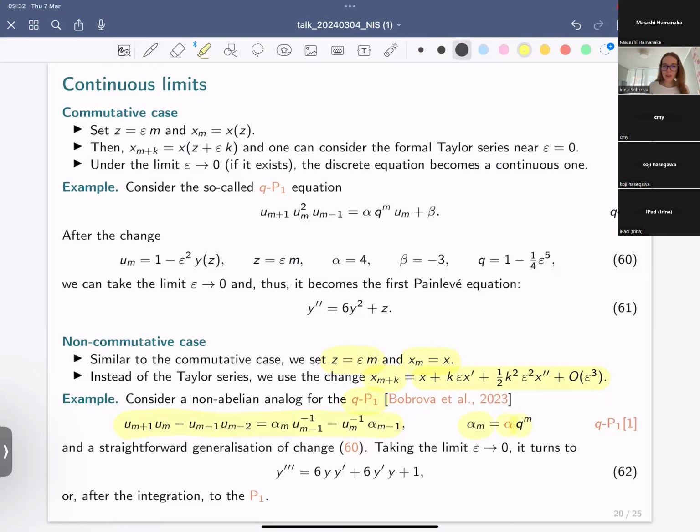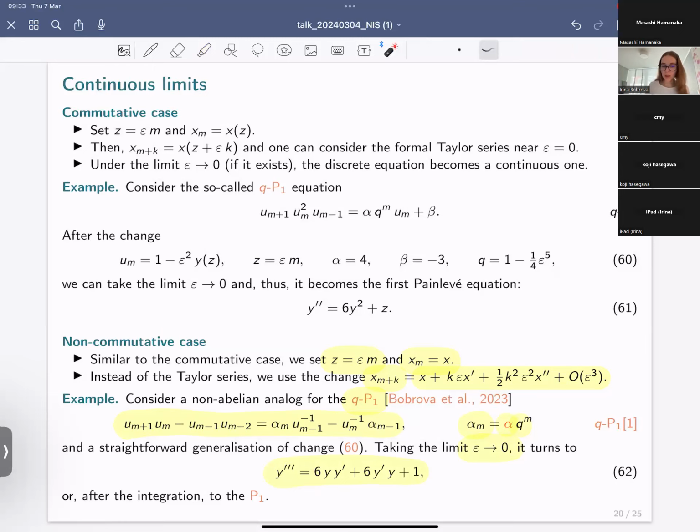If we take the same change of variables for this non-abelian equation, we can take the limit, and the resulting equation is given by this third order ordinary difference equation. In fact, it can be integrated. This stuff becomes just 6y to the power 2. And after an integration, we obtain a non-abelian constant.